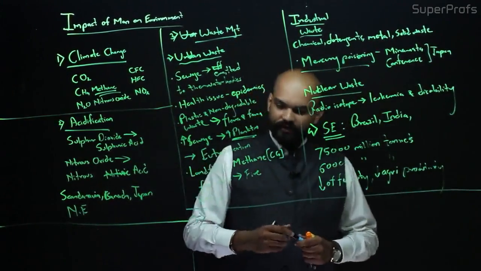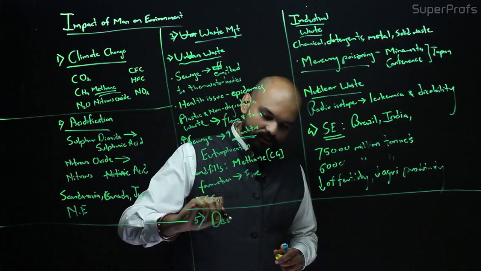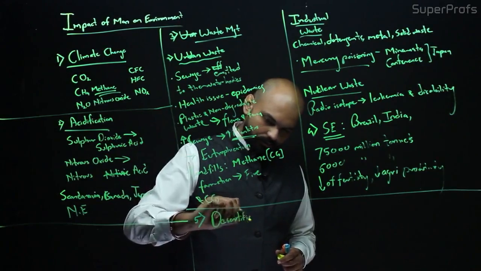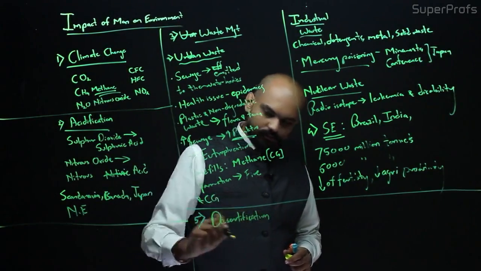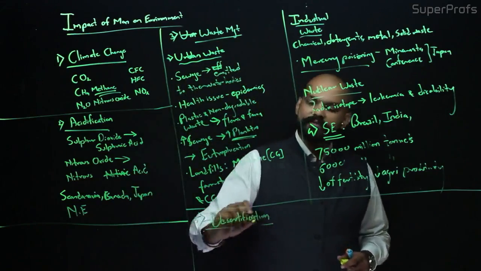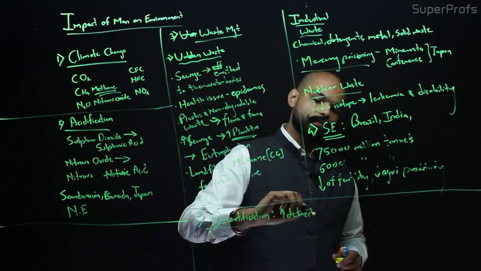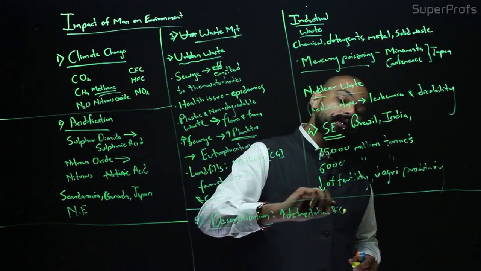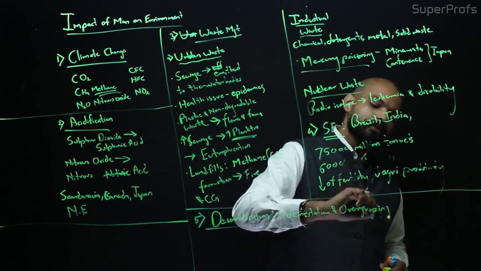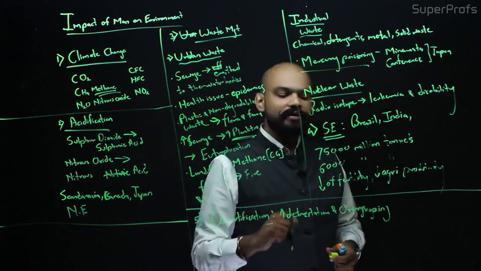is desertification. Okay. So you have something called desertification. This is due to excessive deforestation and overgrazing. Okay, so excessive deforestation and overgrazing has led to desertification.